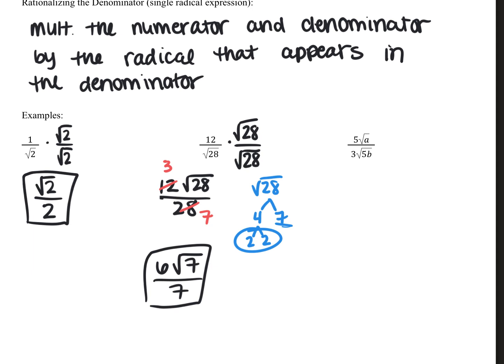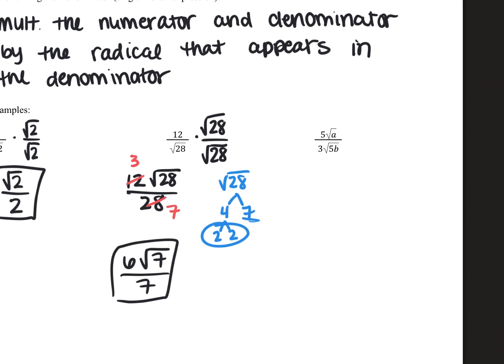Your other option here is instead of simplifying 12 and 28 first, I could have simplified my radical first, and it would have become 24 and 28, which I would have then simplified, still getting 6 square root 7 all over 7.